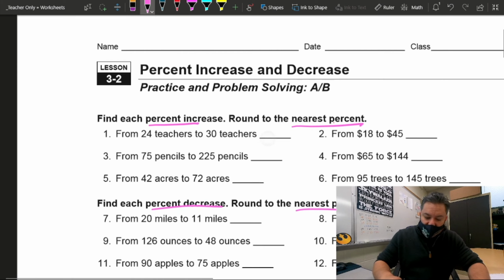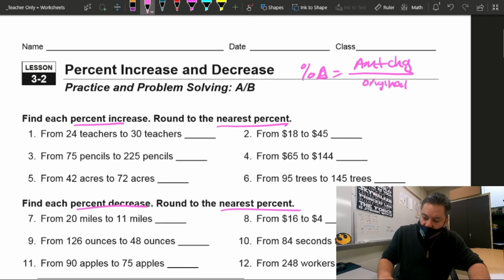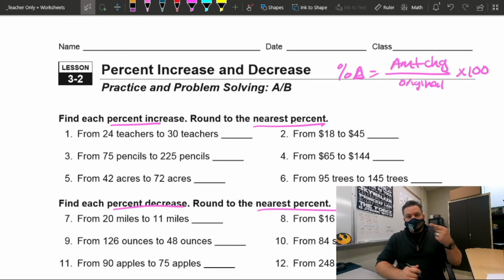So the formula to find the percent change, we're going to do amount change divided by the original, and then times 100, or you move the decimal 2 places to the right, because you're converting to percent.